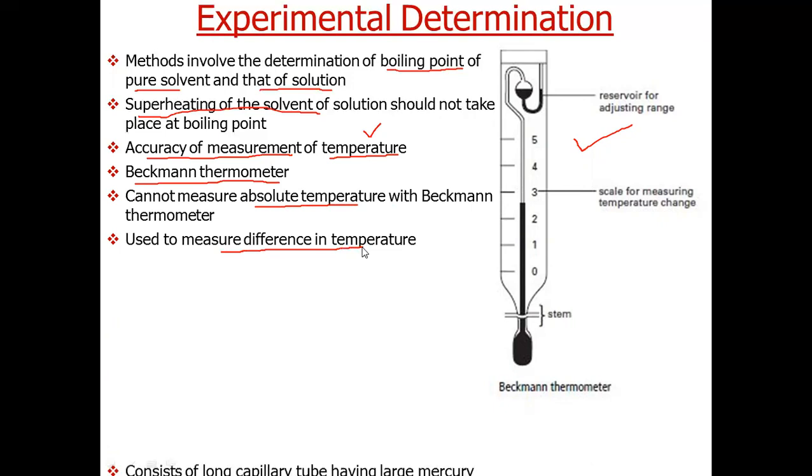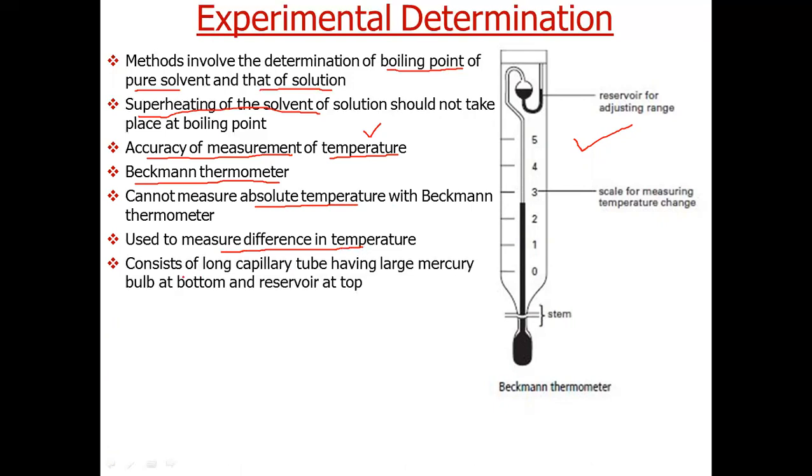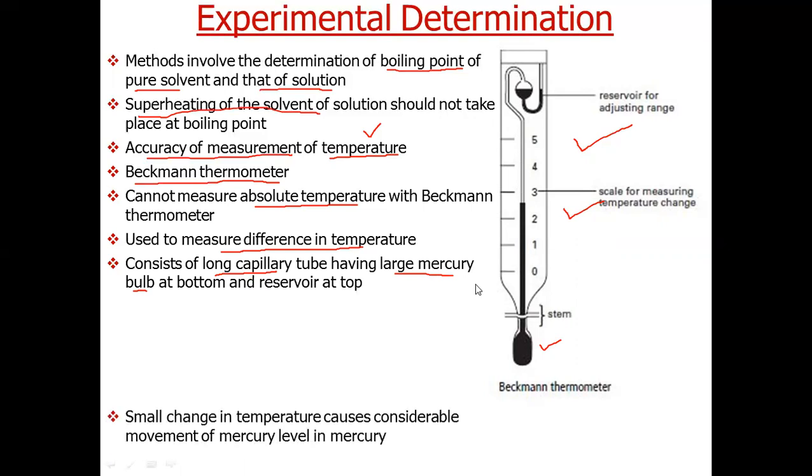First, let us see its composition. It consists of a long capillary tube. This is the capillary tube having a mercury bulb at the bottom. We know why we use mercury: as we heat mercury, it expands.